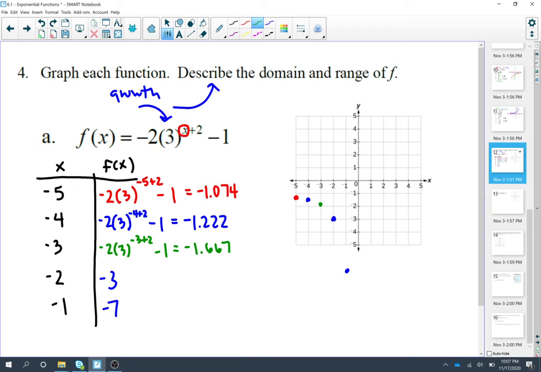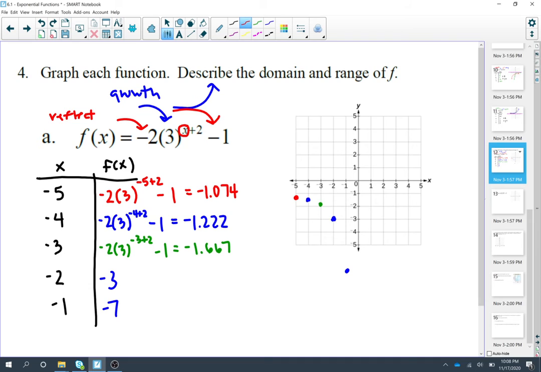But it really doesn't look like that. So then remember, the negative here is going to reflect over the x-axis. So instead of coming up like this, it's going to reflect and go down like that. That's what we're looking at here.